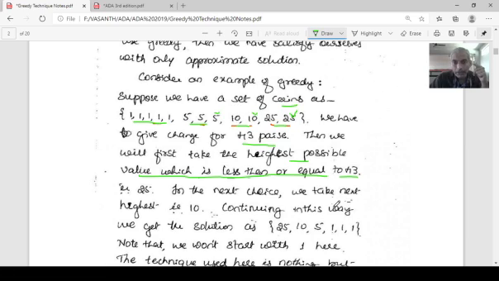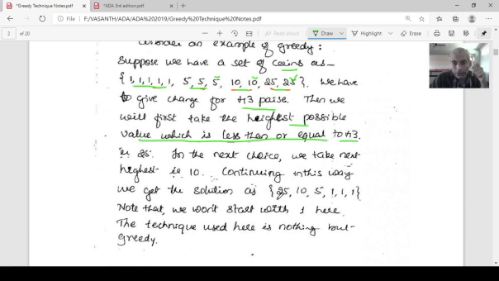So the solution is 25 paise, 10 paise, 5 paise, and 3 1 paise coins. When you find the total, it becomes 43 paise. So we don't start from the 1, we start from the 25. That is what the greedy technique tells us.